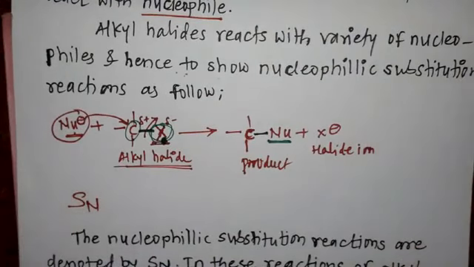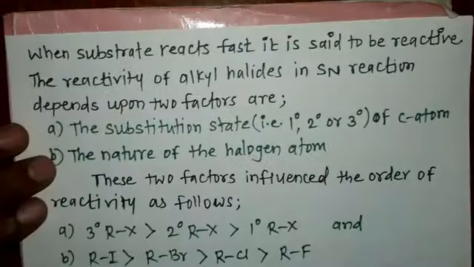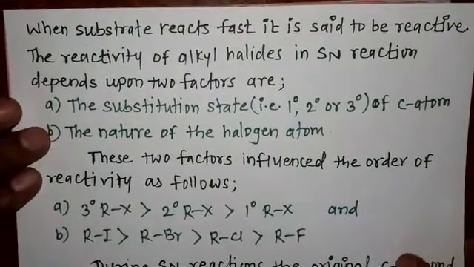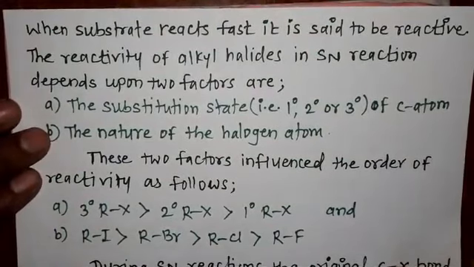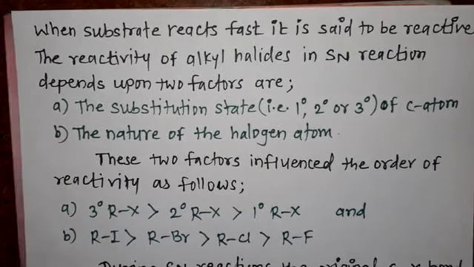When the substrate, here the substrate is alkyl halide, reacts fast, then it is said to be a reactive substrate. And the reactivity of alkyl halide, which is here a substrate in nucleophilic substitution reaction, depends upon two factors.